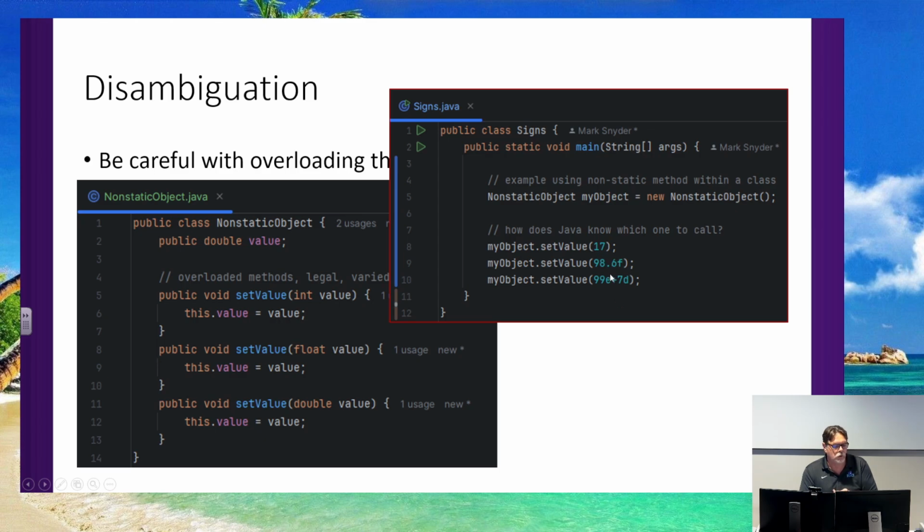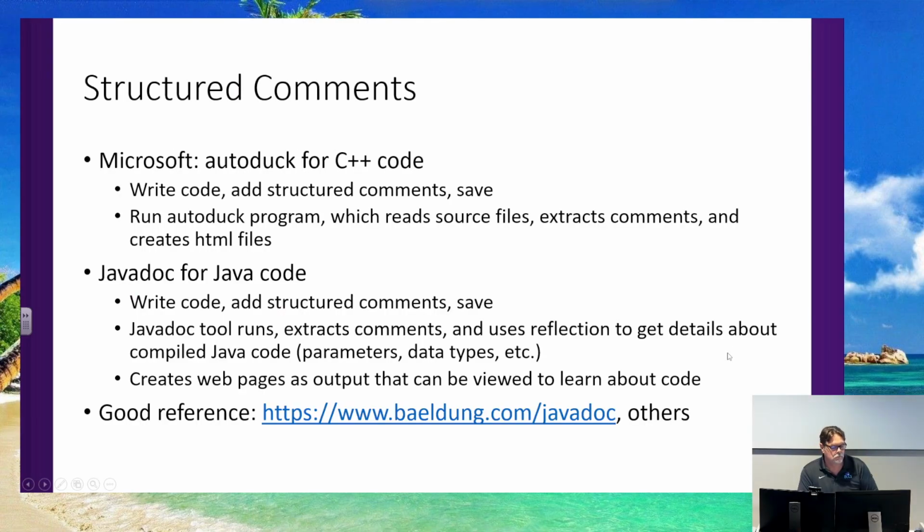These other two, notice I've defined it 98.6 F, not Fahrenheit, float, right? 98.6 F for float. So now it knows to call the float version. The next example, I use the D, so it's defining it as a double explicitly. So it calls the double version.